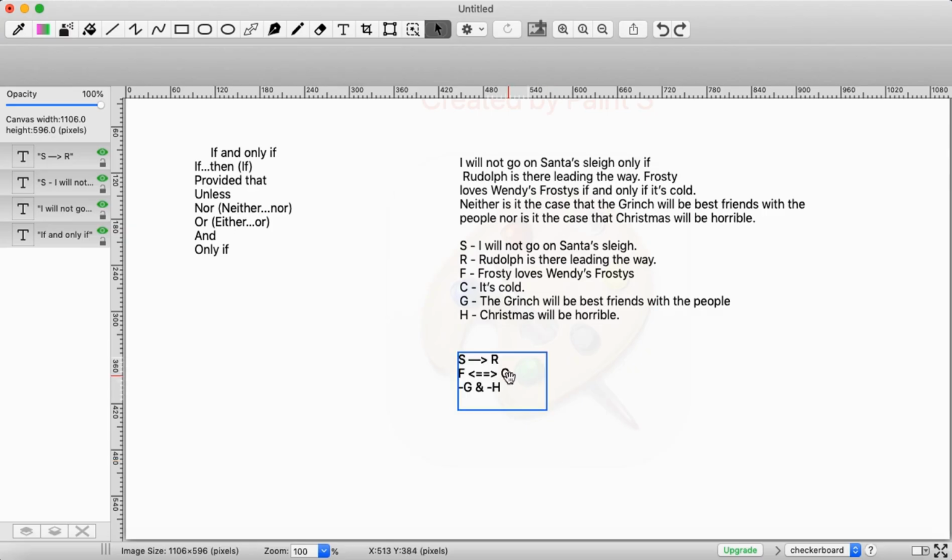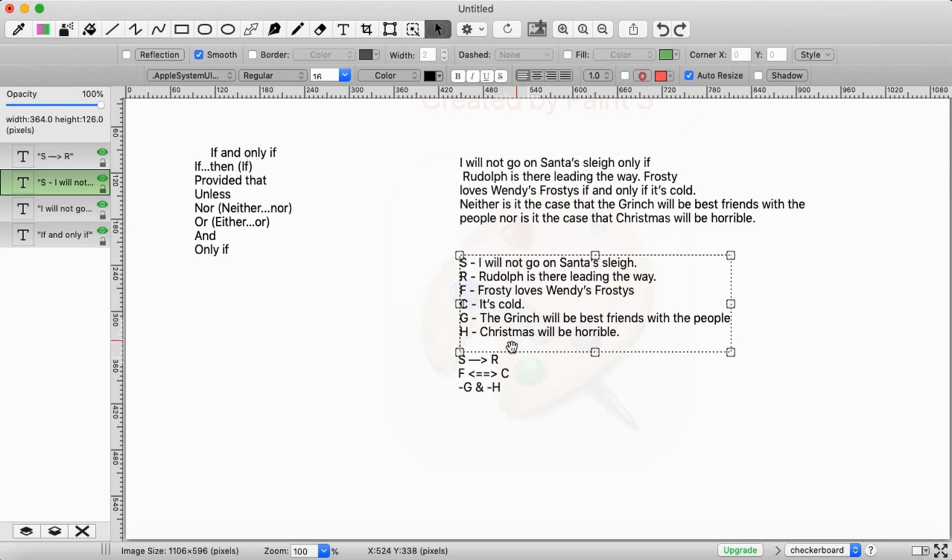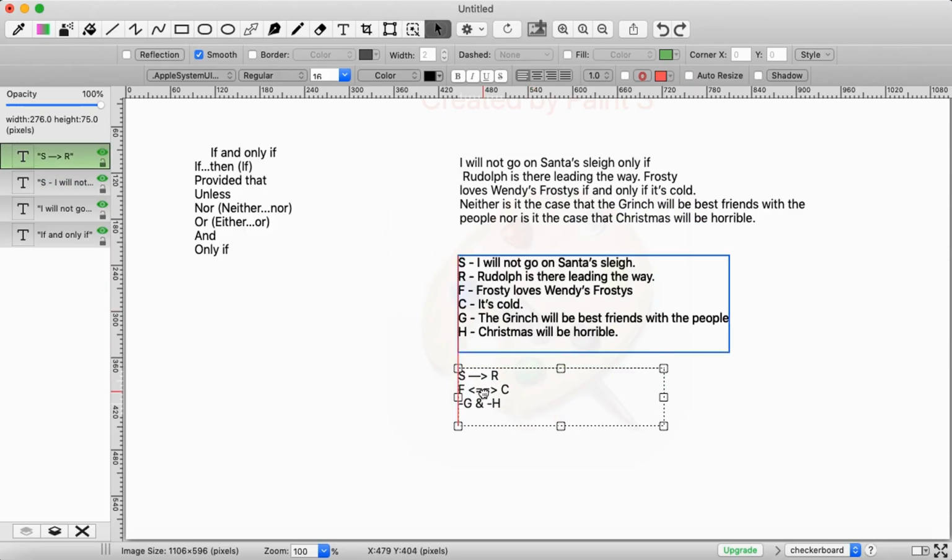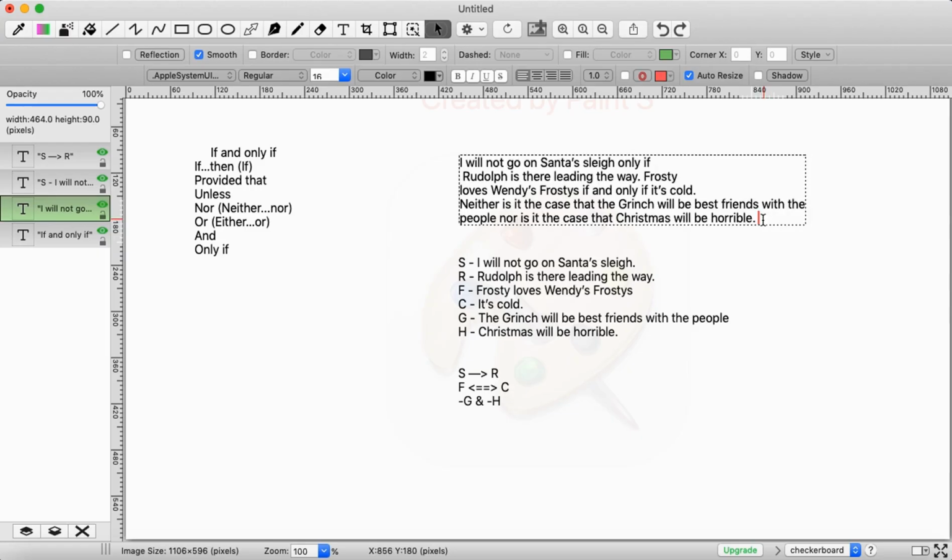Okay. Now there's no links here yet. I haven't actually added any links. So let me add some links so this makes any sense at all.